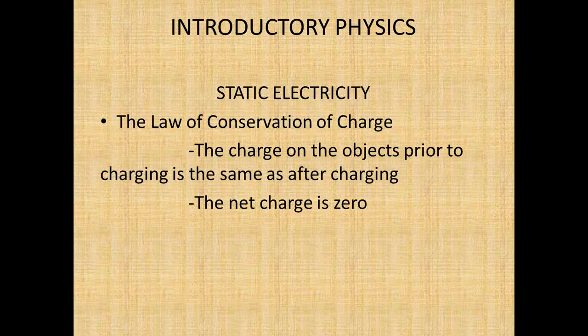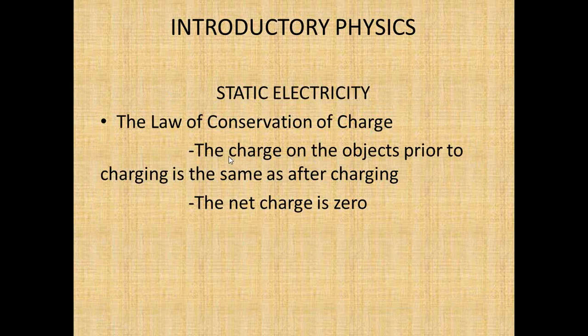But one object gave up its electron. So the object that gave up its electron is now positive, and the object that gains the electron is negative. But the negativity and the positivity are equal and opposite. So when you add them, the net charge is zero. So the law of conservation of charge says that the charge on objects prior to charging is the same as after charging, and the net charge is zero.